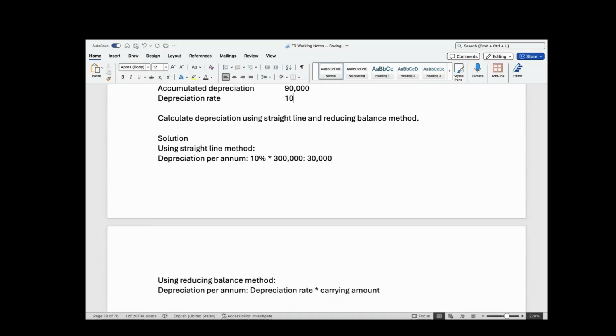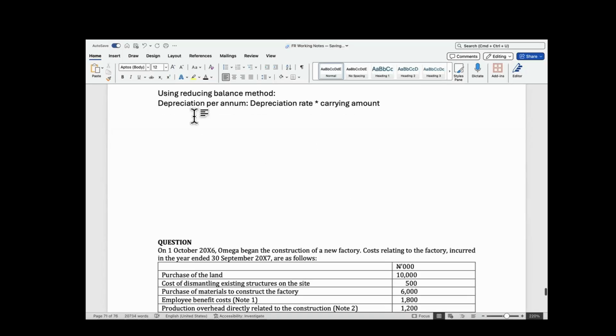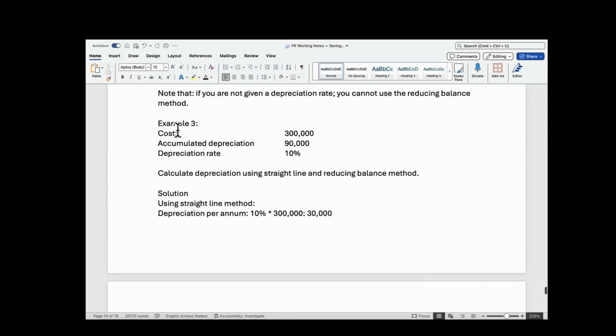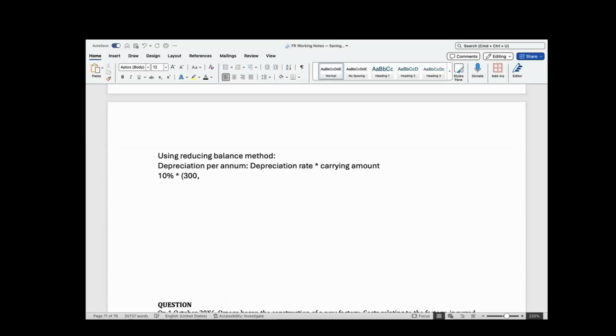So 10%, what's my carrying amount? It's cost minus accumulated depreciation, which is 300,000 minus 90,000, and I have 21,000.